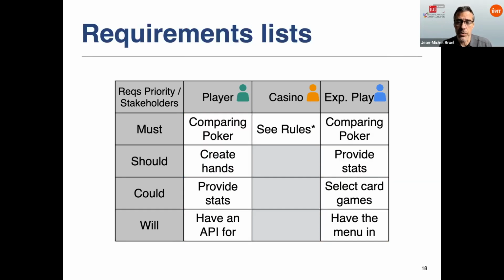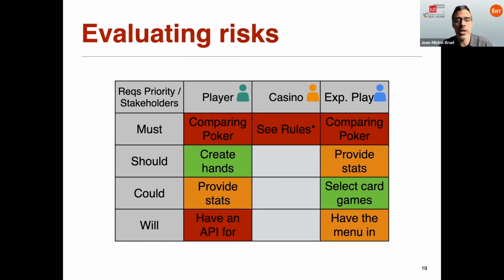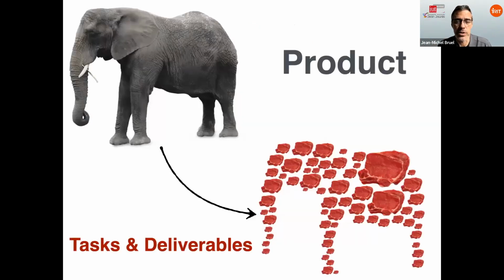The next, so these are the first steps of requirements elicitation, going from requirements to persona to epics to user stories. The next step is to evaluate the risks, and then to deploy a strategy to start either with the riskiest, most important user stories, or with the easiest and most important user stories.